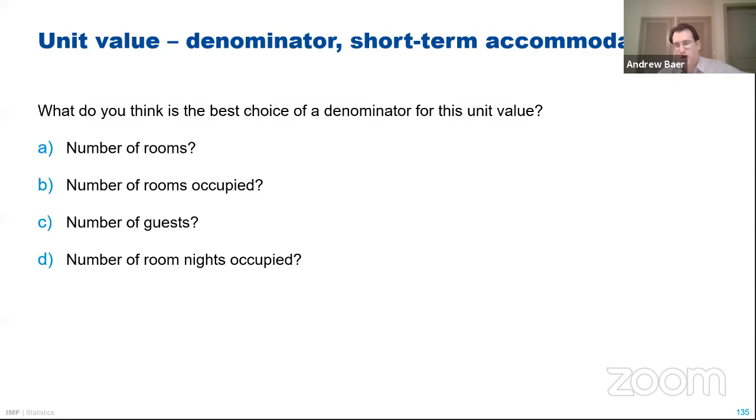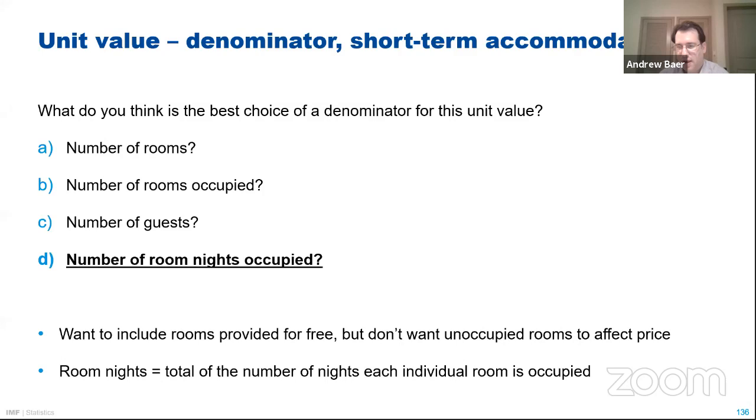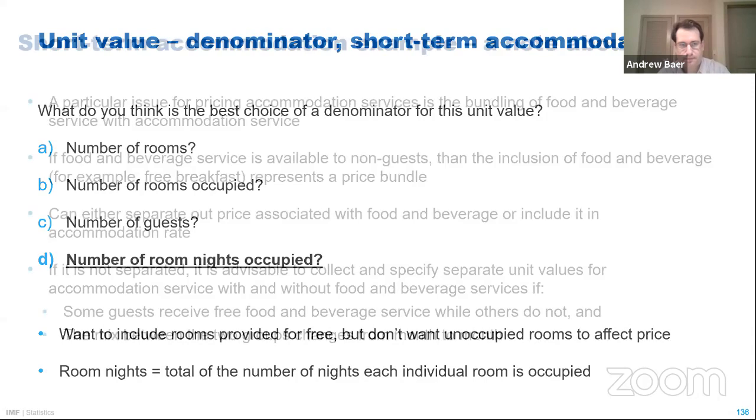You total up all those room nights, and that gets you the denominator we would use in our unit value. That also, by the way, includes rooms provided for free, because we're looking at room nights occupied, not number of people who paid.